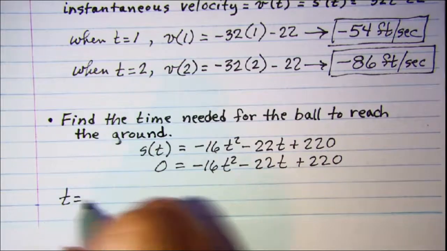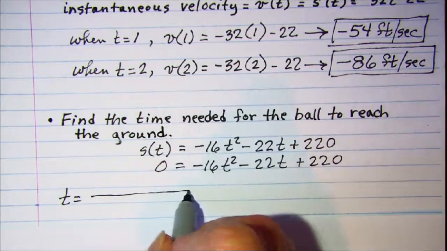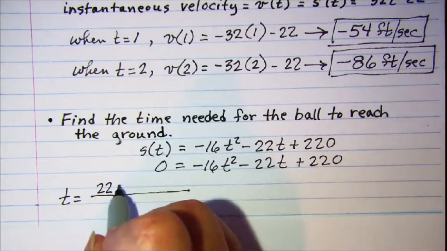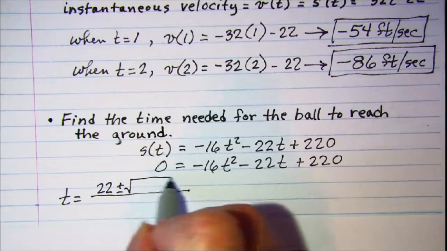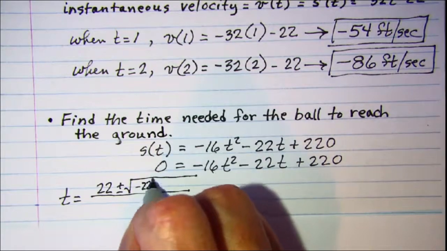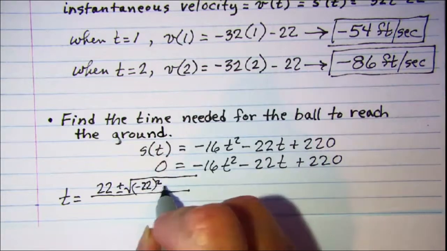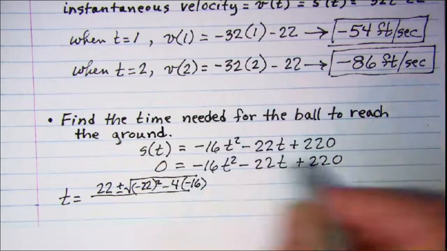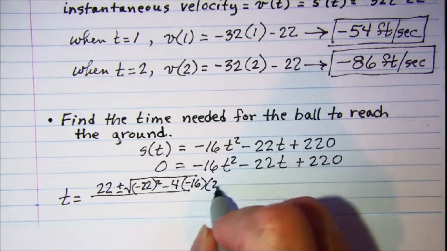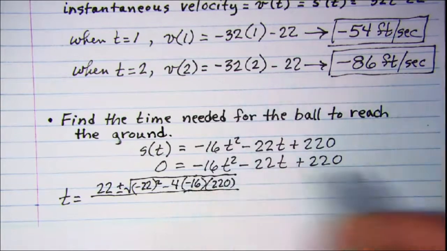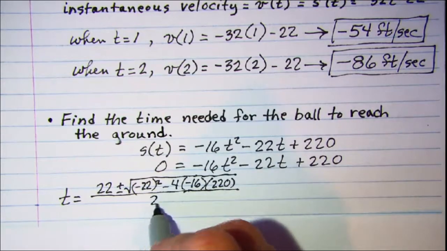So t would be negative b plus or minus the square root of b squared minus 4 times a times c, all over 2a.